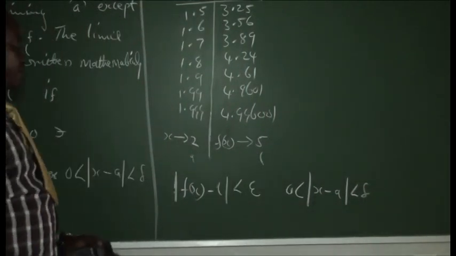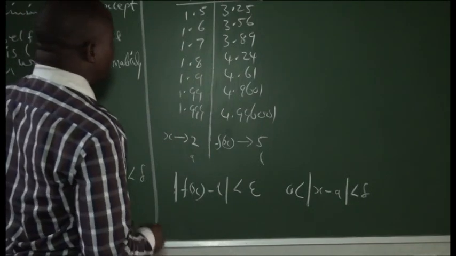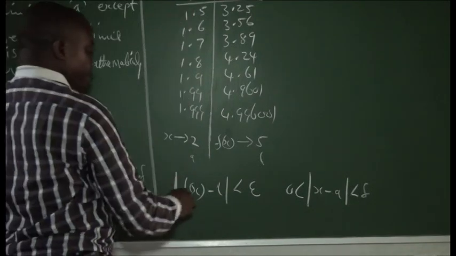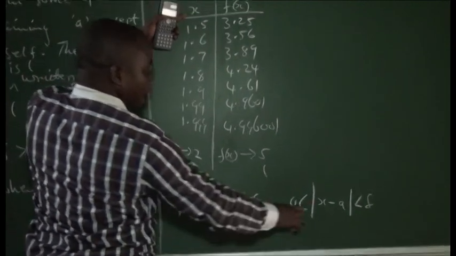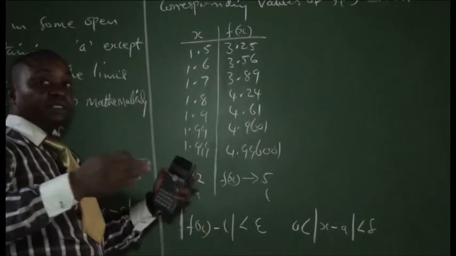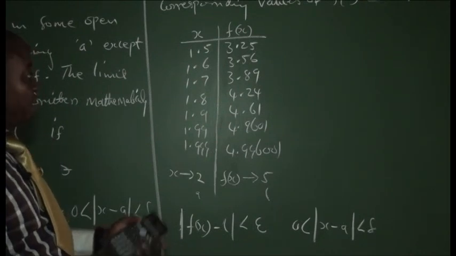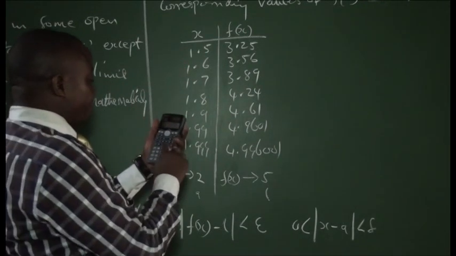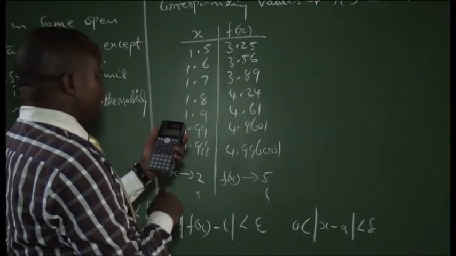So we come here. This is for x minus a. Absolute value means it must be positive, cannot be negative. So if I say 1.5 minus 2, that will give me 0.5.